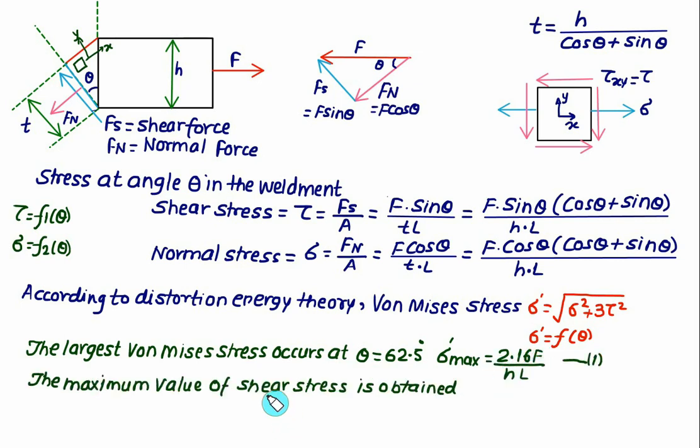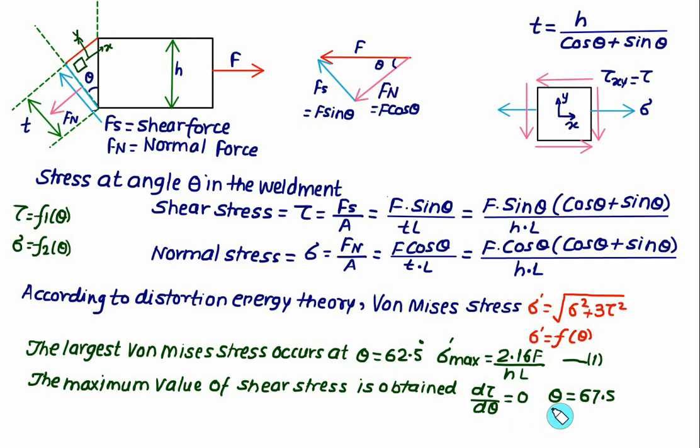Similarly, the maximum value of the shear stress is obtained by differentiating tau with respect to theta, because tau is a function of theta. So we have to differentiate tau with respect to theta, equate it to 0 and solve for theta. So we'll differentiate this equation with respect to theta equal to 0. I am giving you the direct solution.